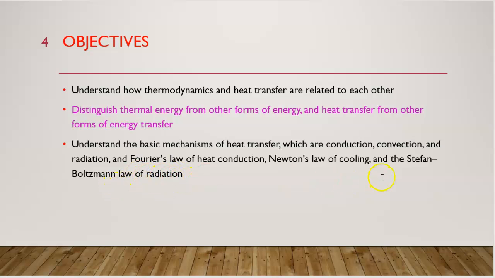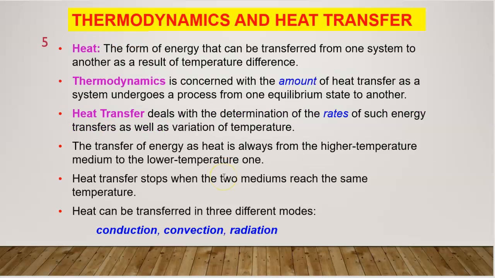These are actually all the names of the people who found or derived the formula for each type of heat transfer. Okay, so thermodynamics and heat transfer. I know you have already learned thermodynamics, so this is a bit the same actually.